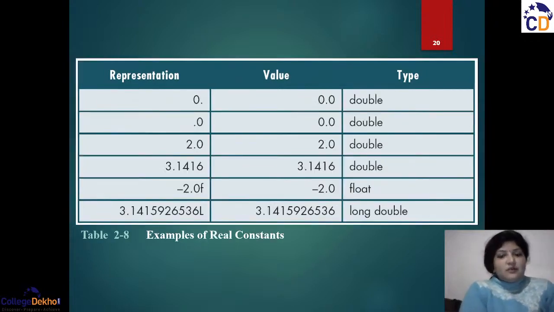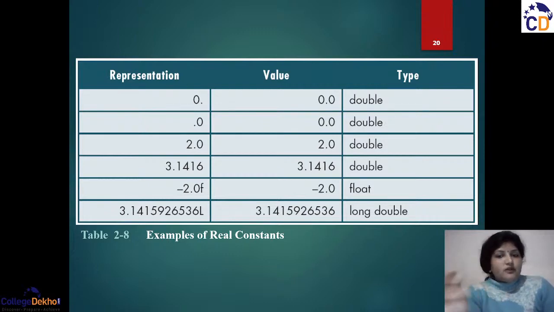Now this is the double representation, real constants: how we have real numbers and how we define real constants, real values. So it is like 0.1, obviously it is a double, a floating decimal point number. 0.0 is the same, 0.0. 2.0 will remain 2.0. 3.1416 the same.